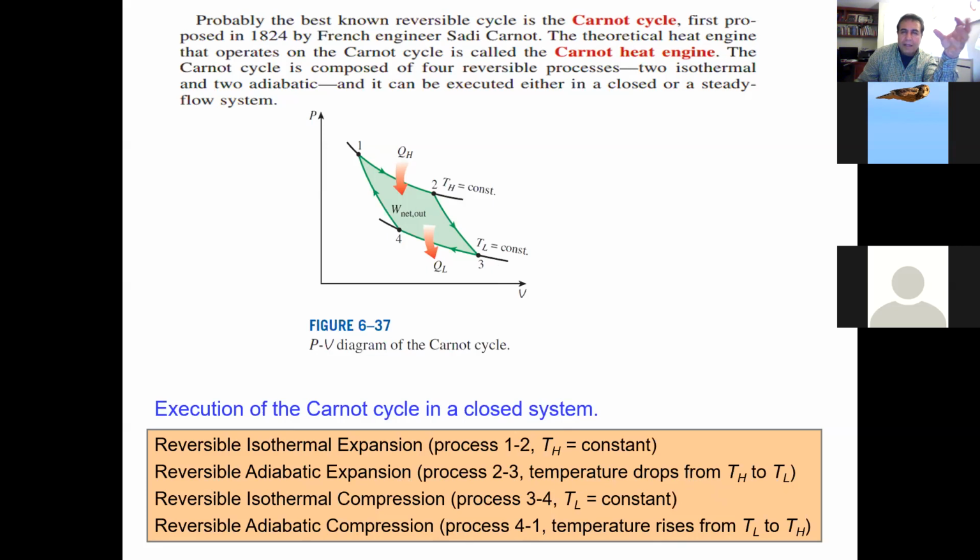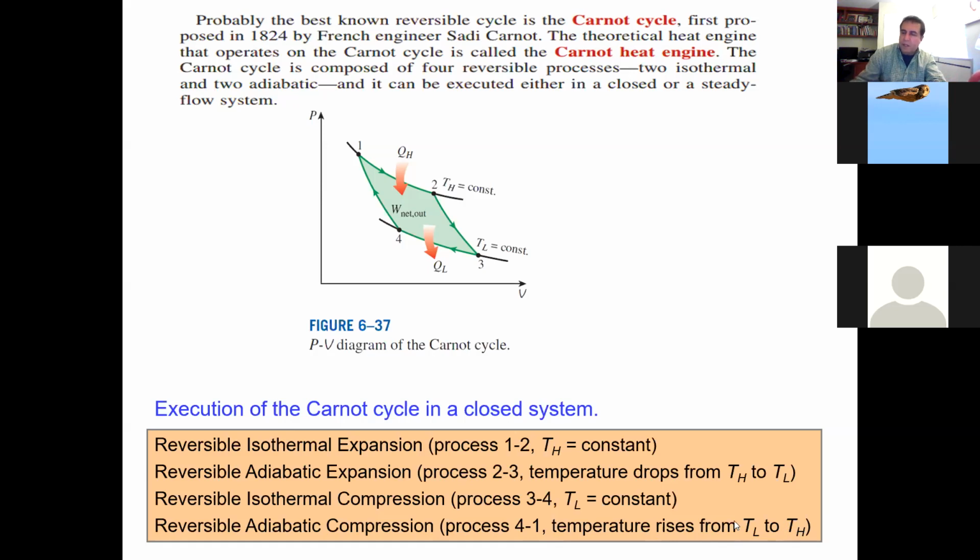By now, I can see that you can sketch the PV diagram, TV diagram, and so on. Reversible isothermal compression, process 3 to 4, is at constant temperature again, and reversible adiabatic compression is from 4 to 1. The temperature rises from low to high. So this is called the reversible process.